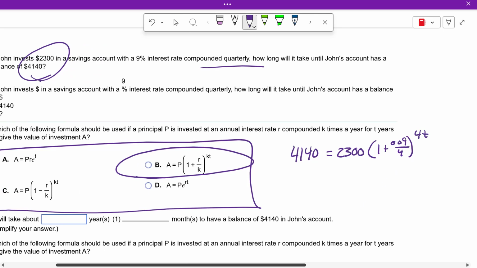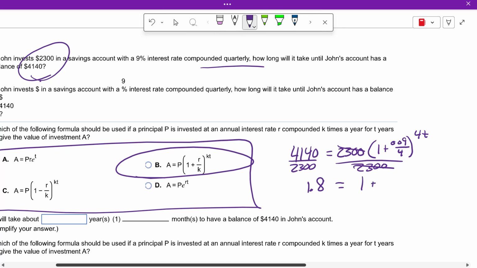How do we solve this if it's in an exponent? We have to use what we did in the first section today: logarithms. First thing we do is divide by 2300. Somebody, calculator, help me out here. 4140 divided by 2300. It's going to be a decimal. Give me a couple more decimal places. 1.8, perfectly. All right.